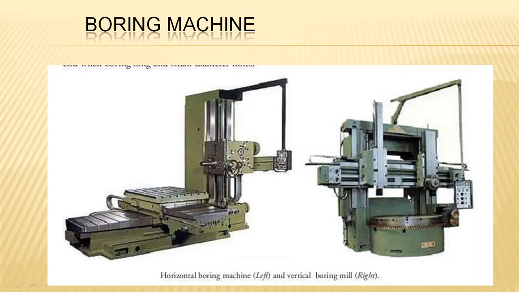And this is a vertical boring mill or boring machine, which has the tool position progressed similar to a drilling machine. The work parts will be fixed here and the tool will vary in its motion with up and down actions, so that will be monitored by the operator.